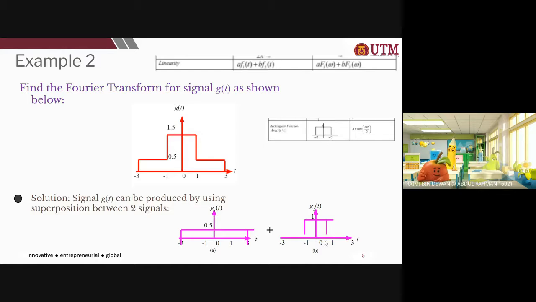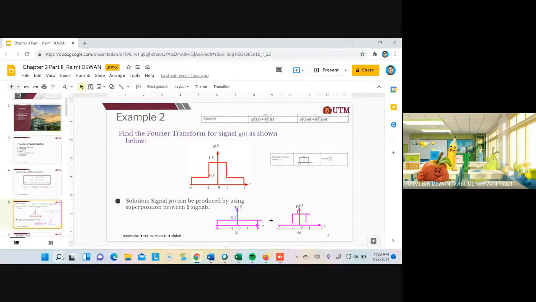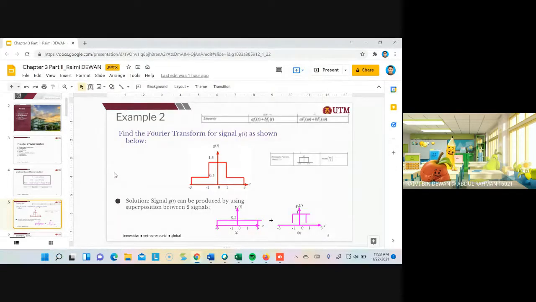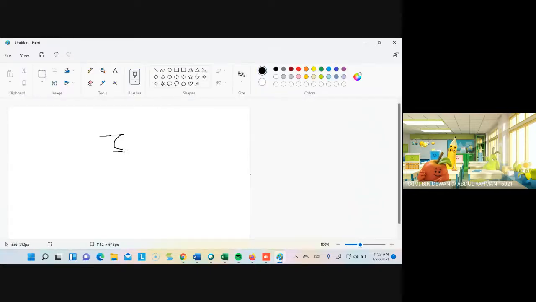This one is tau over 2 equals 1, and this means that tau equals 2. Tau over 2 equals 3, and then you get tau equals 6. This is tau 1, and the other tau is equal to 2.